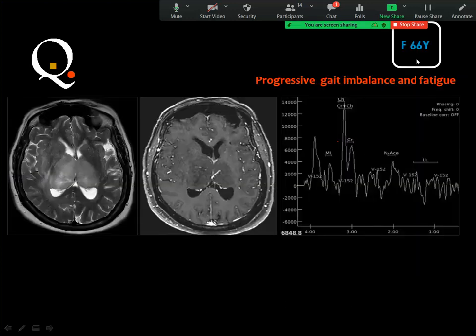And this is a female patient, 66 years old, with progressive gait imbalance and fatigue. Axial T2, axial T1 with contrast, and MR spectroscopy.